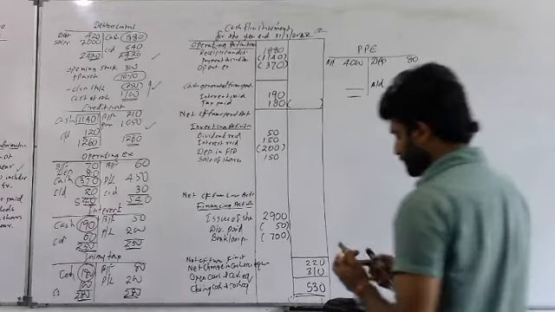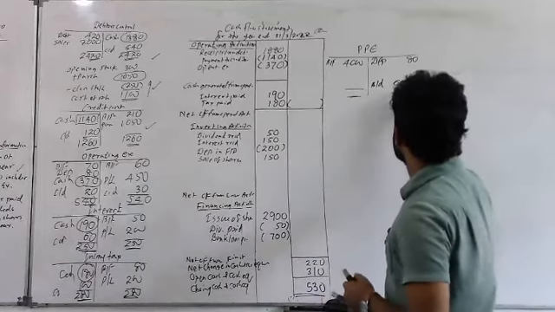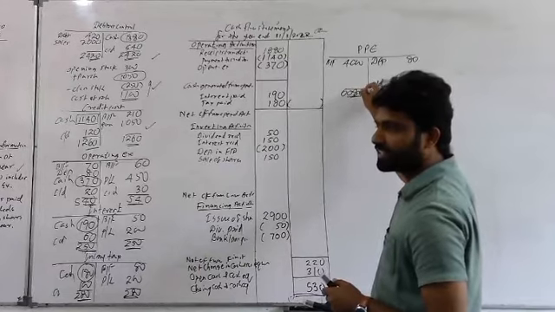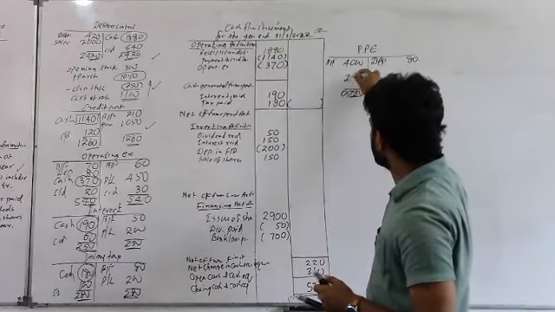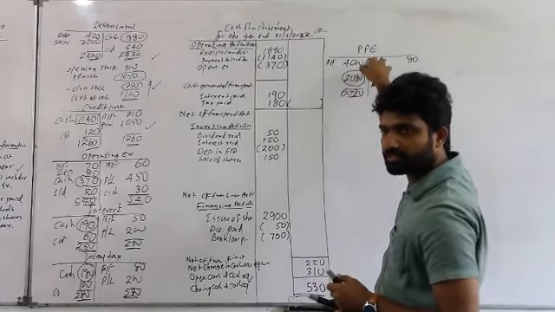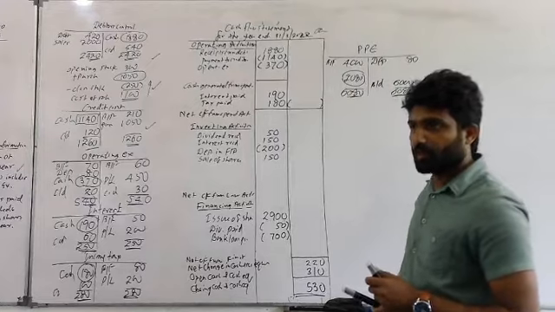Finally, in the property, plant and equipment account, credit total is 6,080, debit total is 4,080. There is a debit difference, is it? 2,080. What should it be? We should have acquired, purchased some property, plant and equipment.